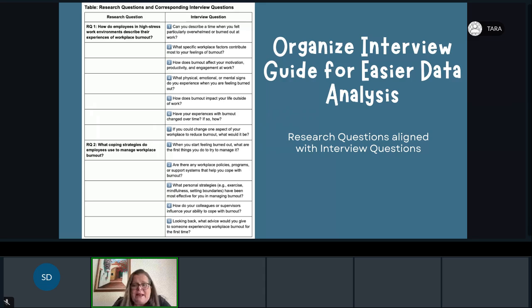This does not mean that I have to read off these interview questions in order. I can still move around this interview guide if my participant answers a question I haven't asked yet. But it does show that my interview questions are aligned to my RQs. And it ensures that the data I collect is also going to be aligned to those RQs. So it just makes it all come together so nicely.